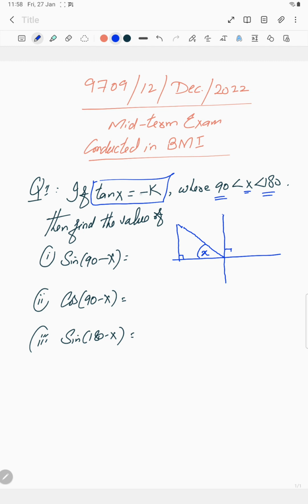This negative sign indicates that it is negative because tangent is negative in the second quadrant. So you can say if k is this, and here it is 1, because tan of x was minus k by 1 in the second quadrant. So by Pythagoras theorem we can complete the figure, that is the square root of k square plus 1.